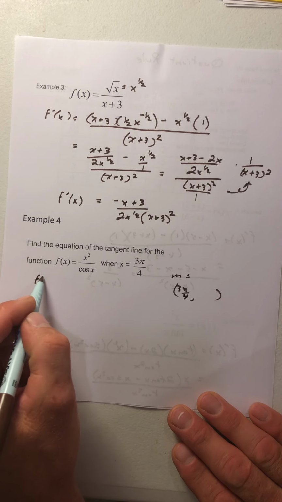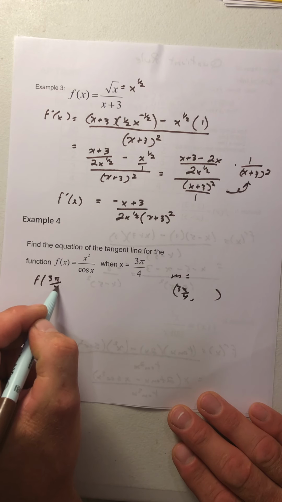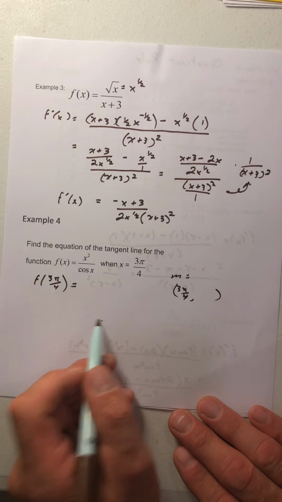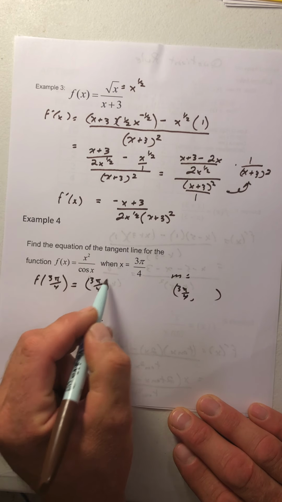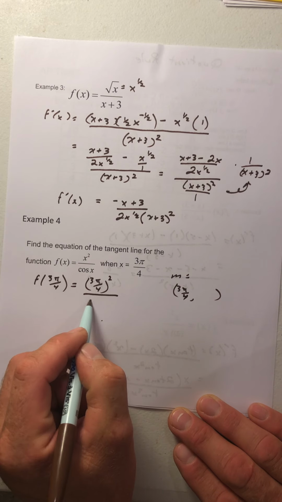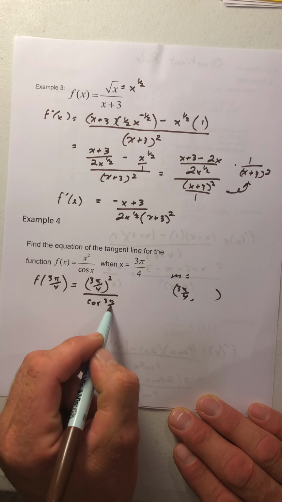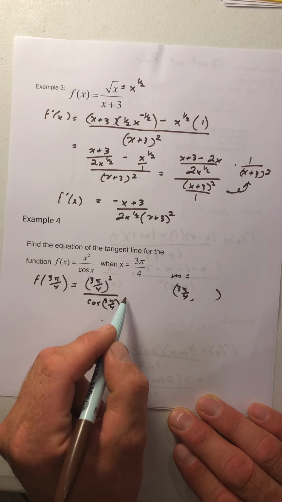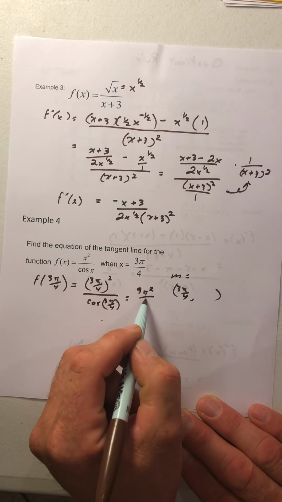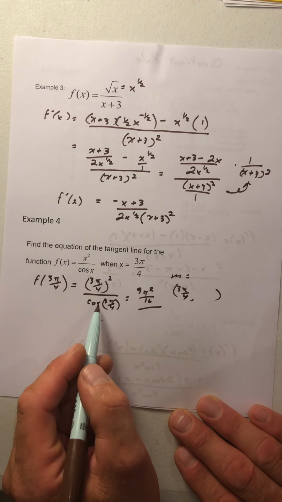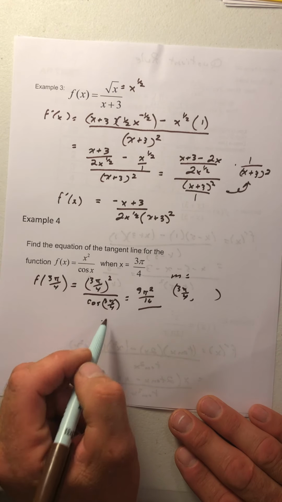So we can go ahead and find that y value by finding f of 3 pi over 4. So we have 3 pi over 4 squared over the cosine of 3 pi over 4. If we clean that up, we get 9 pi squared over 16 divided by the cosine of 3 pi over 4.